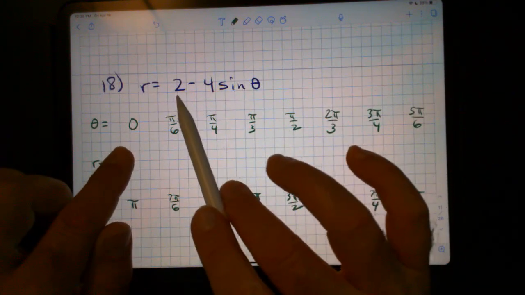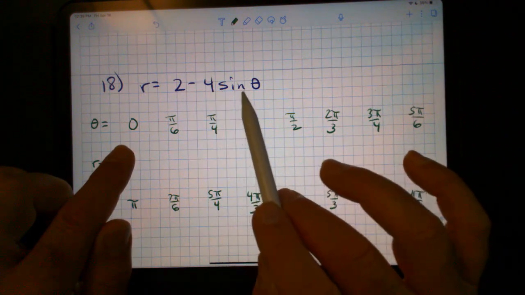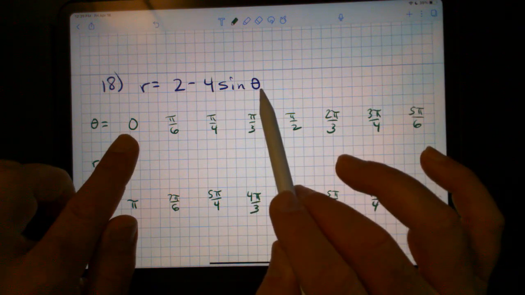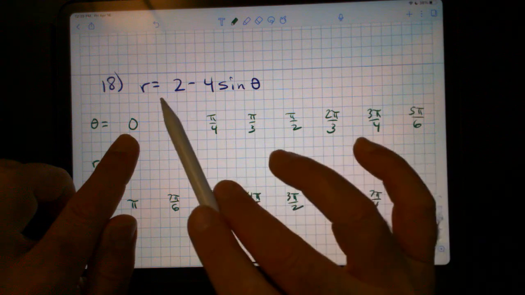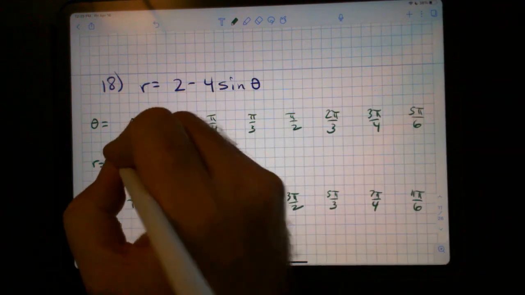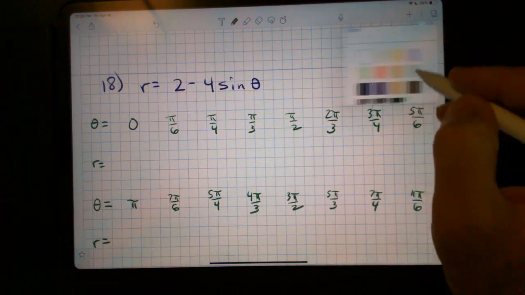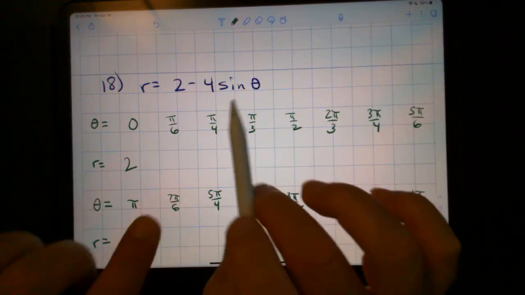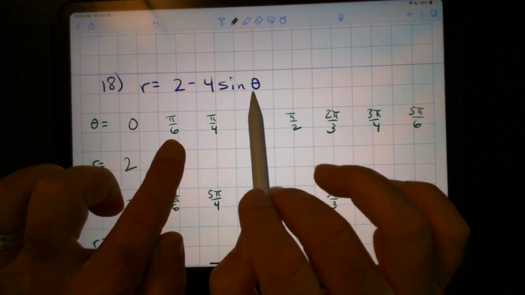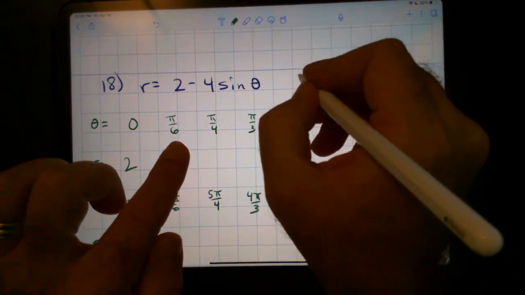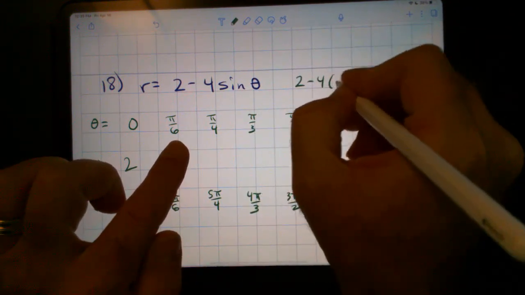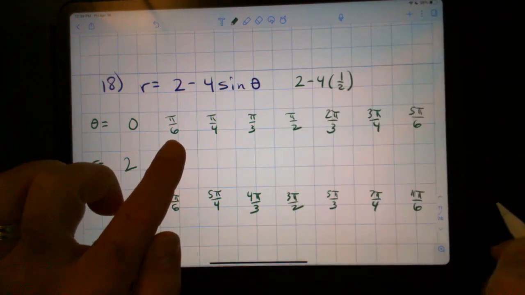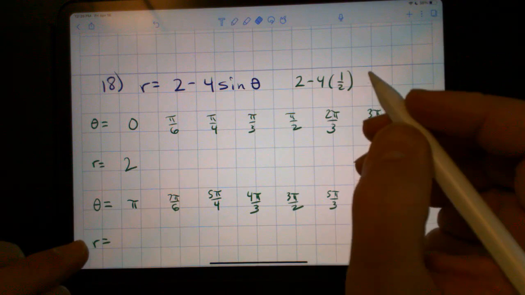So here I'm going to graph r equals 2 minus 4 sine theta. When theta is 0, sine of 0 is 0. So this is a 2. When theta is pi over 6, this is the same thing as 2 minus 4 times 1/2. Okay, that's 2 minus 2, which is 0.